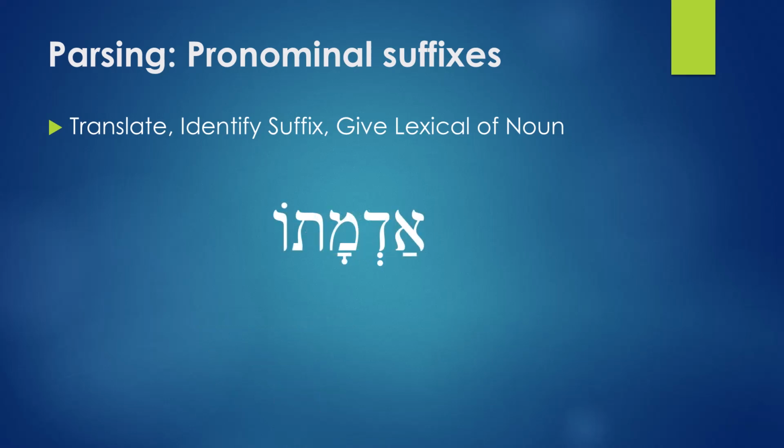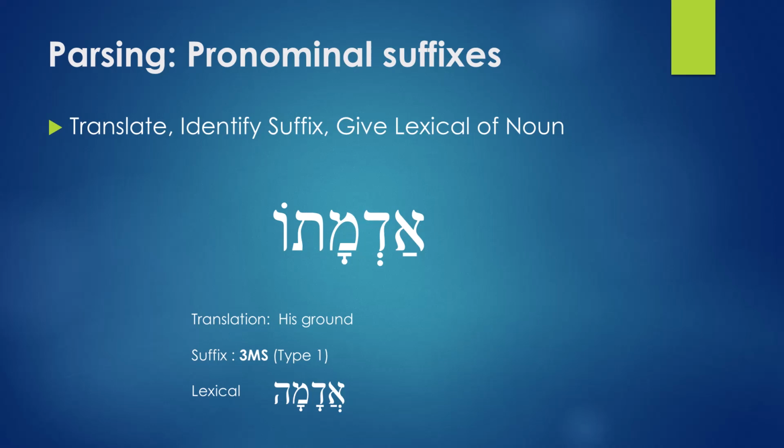Next word, admato. Can you try to parse that? You can pause the video to try. Alright, here's the parsing. Admato is coming from the word adama. Adama means ground.